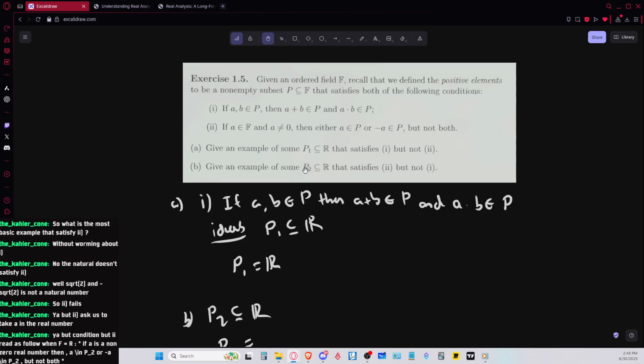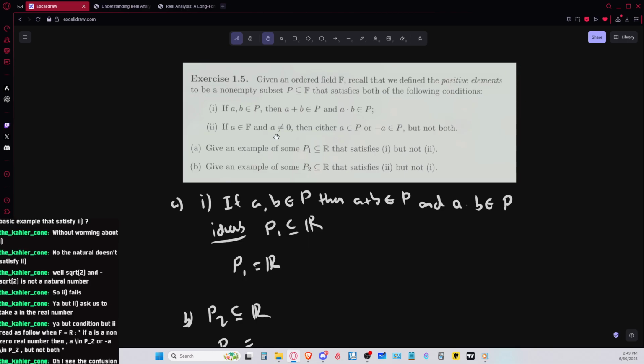The only thing that I see that has the real numbers is the P2 is a subset of the real numbers. Am I misreading things?